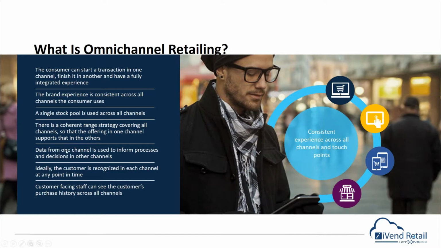Now, data from one channel used to inform the process. Now we're getting more into the theoretical side, as you saw with the last one. With the theory, we're saying this data from here, you can say, hey, e-commerce data, we can extract that to this report to view what's happening in the brick and mortar stores, or how we can draw these together to see exactly what's happening right there.